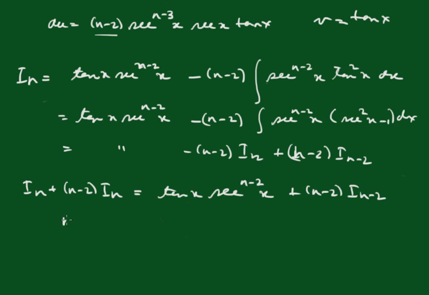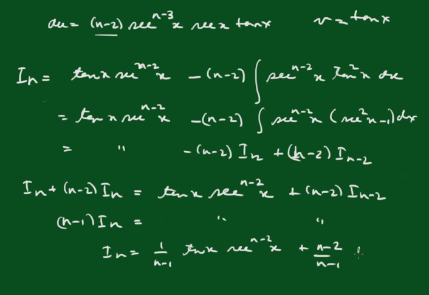Now this becomes n minus 1 In equals all this. So In equals 1 on n minus 1 tan x sec of n minus 2 x plus n minus 2 on n minus 1 In minus 2.